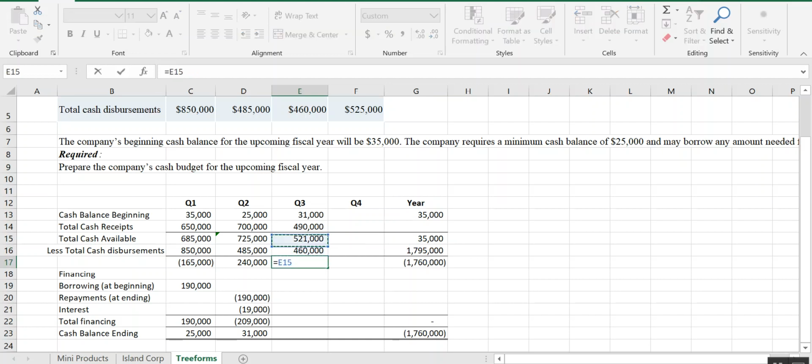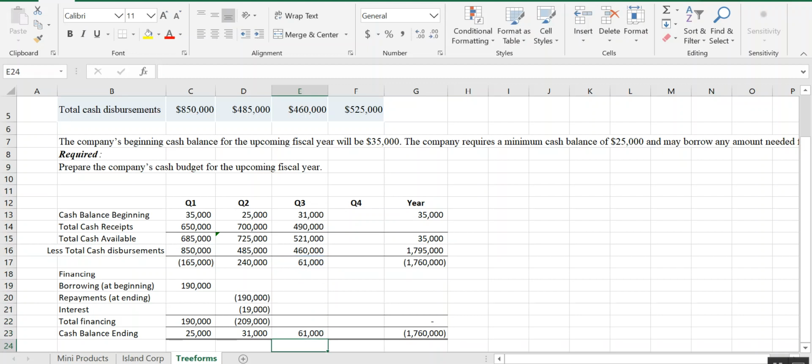That means we have $61,000 in cash at quarter 3. Since we don't have any transactions down here, we're just going to add that 61,000 plus the 0 that we have here, giving us 61,000.